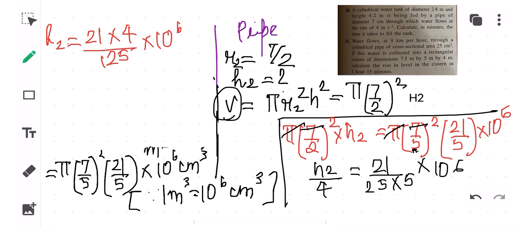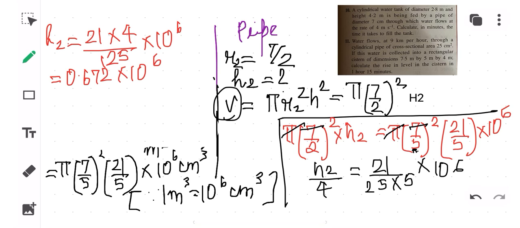That is going to be 84. Using the calculator, 84 divided by 125 is coming out to be 0.672. So we will write this as 0.672 into 10 raised to 6.